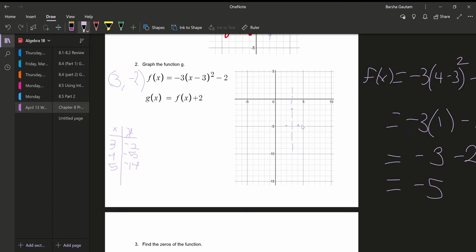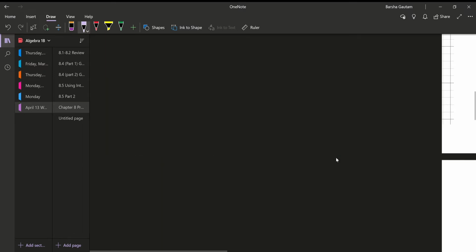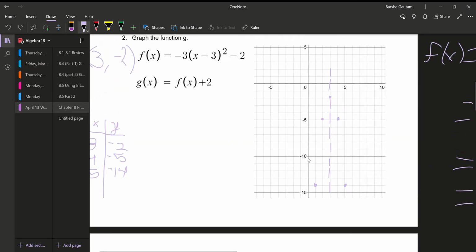So we can go ahead and plug that in as well. 5 and go all the way down to -14. And once again, since we have this axis of symmetry right here, we can reflect it right across. Since this is 2 to the right, we can make one 2 to the left. Then we can go ahead and create our graph.